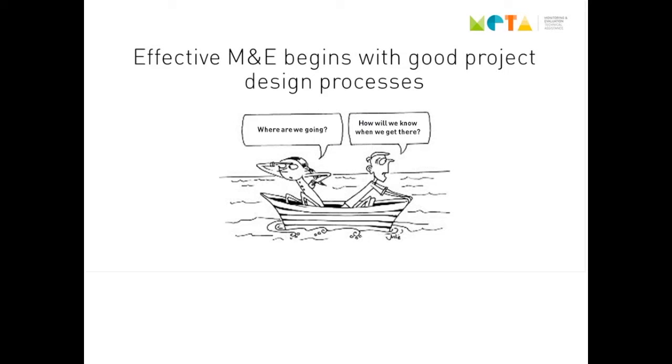Ideally, developing this roadmap would happen at the project design phase, so before you're in the process of writing proposals. But for ongoing programs, which I know that many of us who are involved in providing services domestically here to refugees have, with ongoing funding, this is still a relevant process.